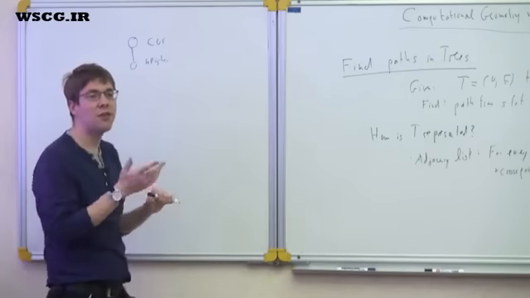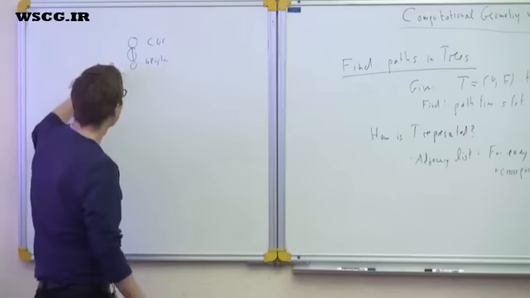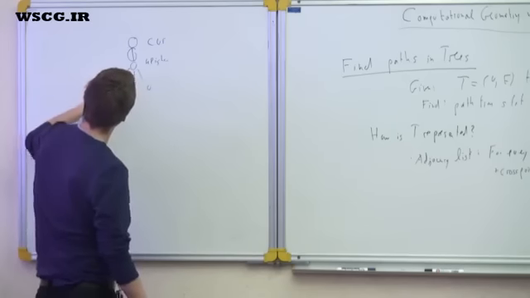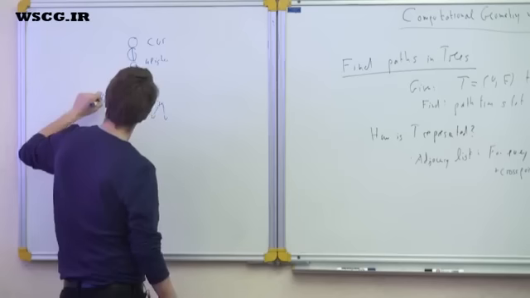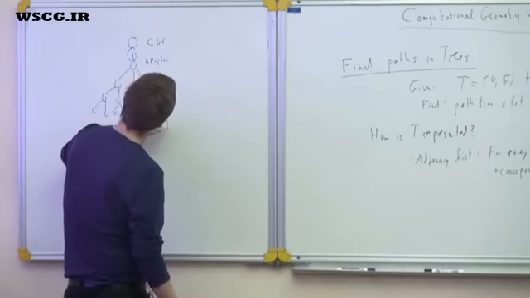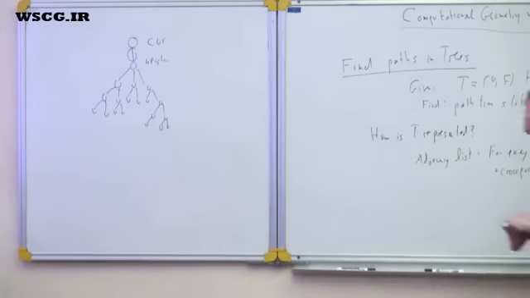And you have the adjacency list. So you remember this edge here. And now the tree looks like this. So here's some tree.